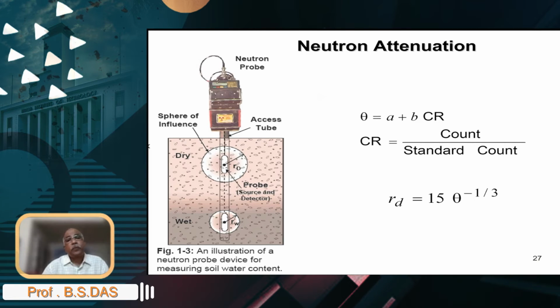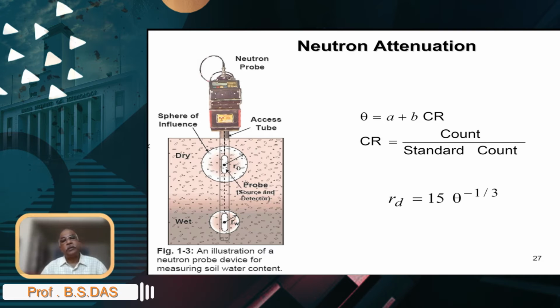Water content is used as a linear function of this count ratio. So once you have several measurements of the soil wetness in a given location using the gravimetric method, and you also estimate the count ratio using a neutron source for the same soil at different wetness, you can build a calibration curve.